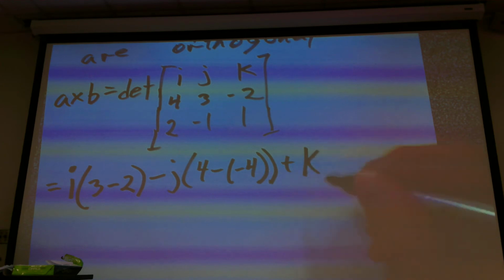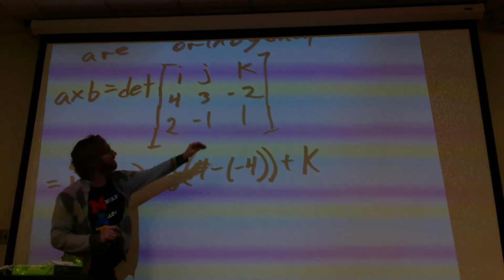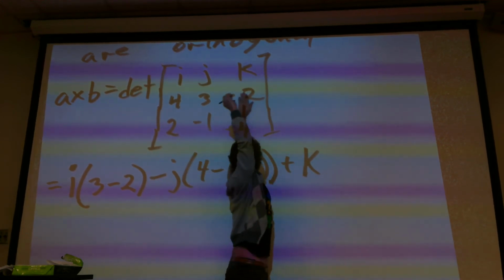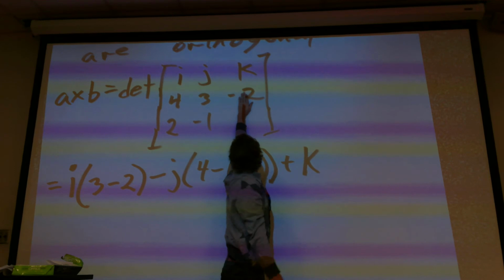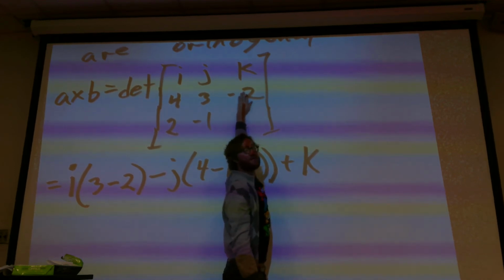And then plus K. Okay, so now I'm covering up that one right there, so we're only looking at that guy over there. So 4 times -1 is going to be a -4, and 3 times 2 is 6. So that's -4 minus 6.